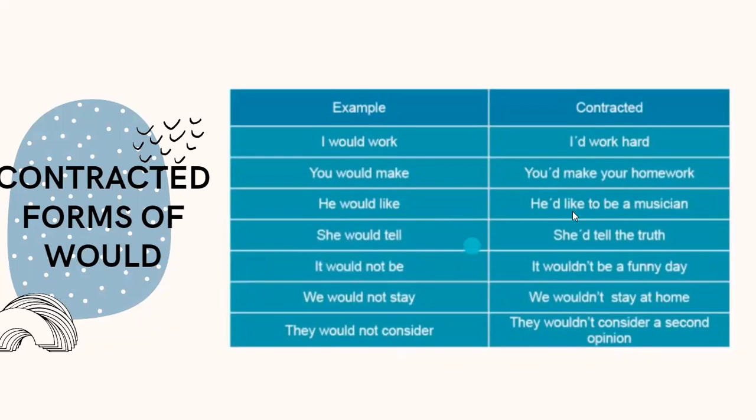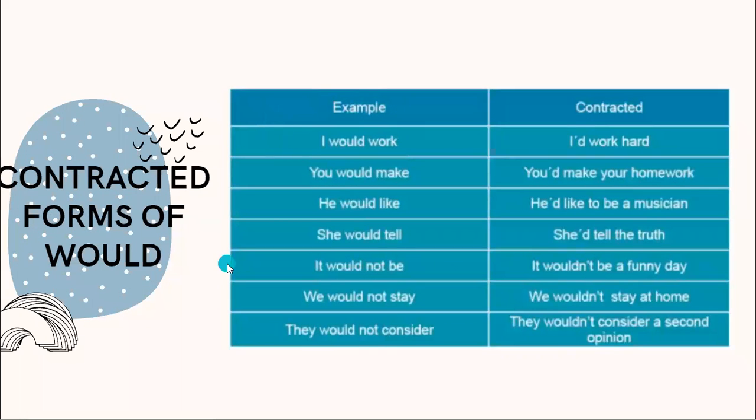Also, it is important for you to learn that would can have a contracted form. For example, I and would be I'd work hard. You and would, you'd. As you can see, we have an apostrophe and a D. He'd like to be a musician. She'd tell the truth.